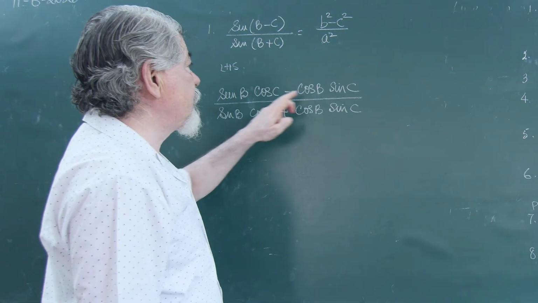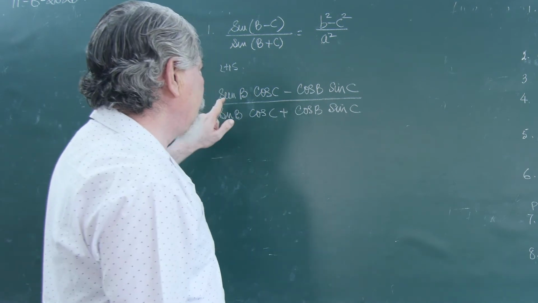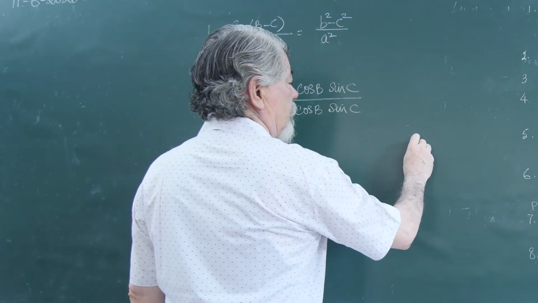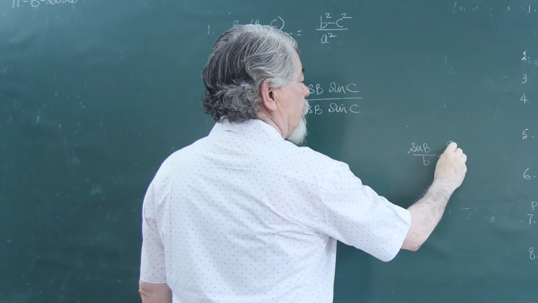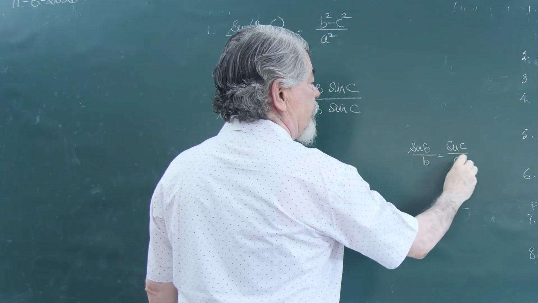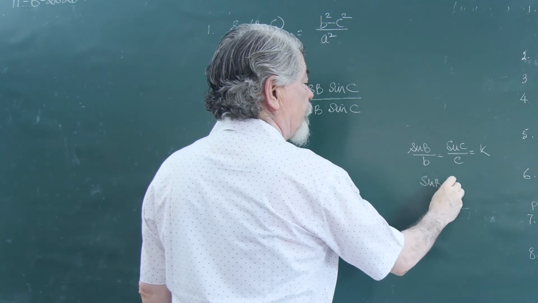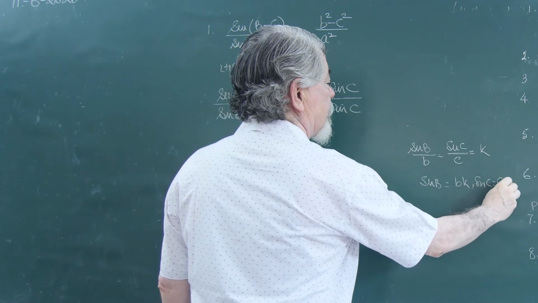Now I can convert sine b and sine c in terms of k. Why? Because sine b upon b is equal to sine c upon c is equal to k. So sine b I can write as bk, and similarly sine c as ck.